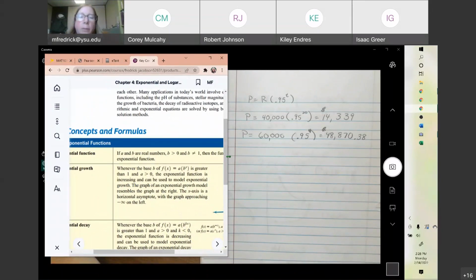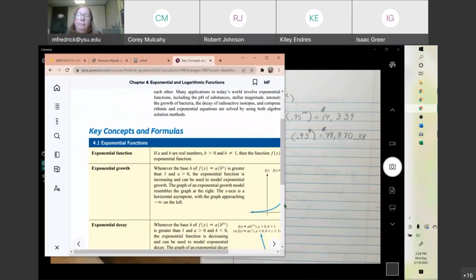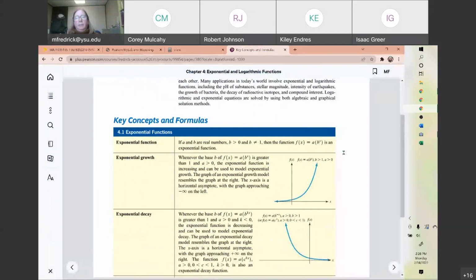Open it up a little more. There we go. I wanted to shrink it, but for this one, we did 4.1. I gave you all of it.